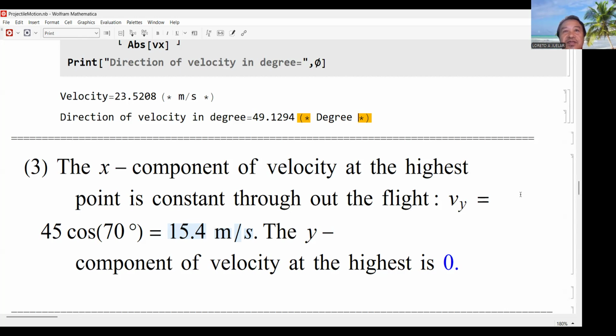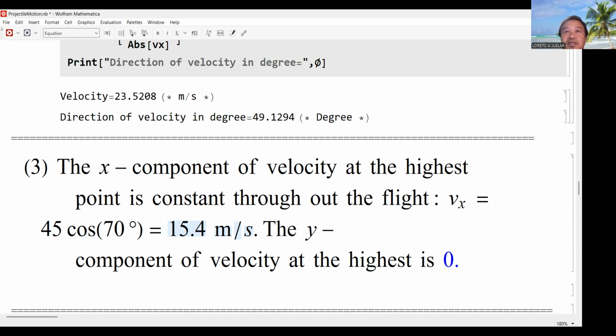So this is wrong, it should be: the x component is 45 cosine 70 degrees, and the y component of the velocity at the highest point is equal to 0. Because if the y component of the velocity at the highest point is not equal to 0, the projectile will continue to move. Okay.